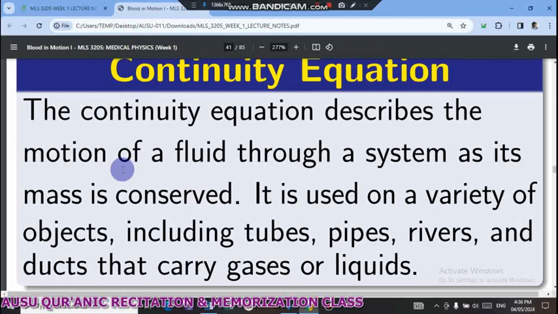So when you have that system, we say that we have an equation that can describe the motion of that system. It is used on a variety of objects, including tubes, pipes, rivers, and ducts that carry gases or liquids.